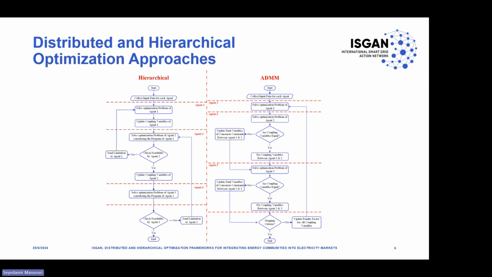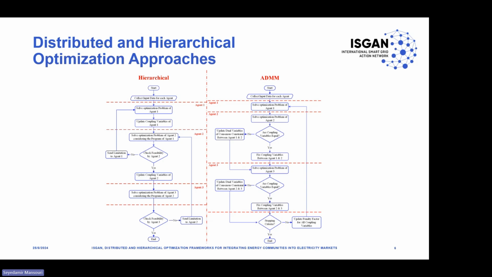But in contrast, distributed optimization involves multiple agents or nodes that independently solve parts of the optimization problem, often collaborating or communicating to reach a global solution without a central authority.